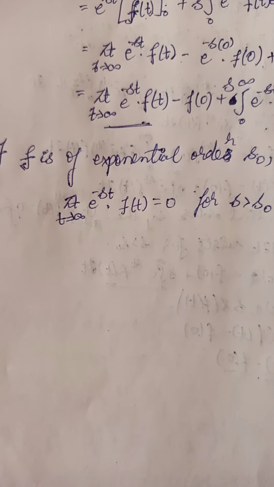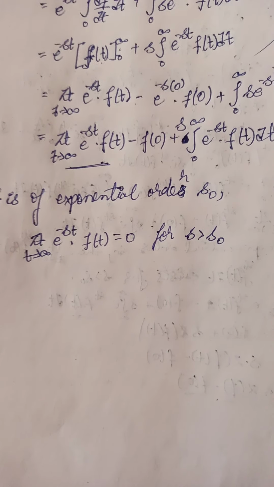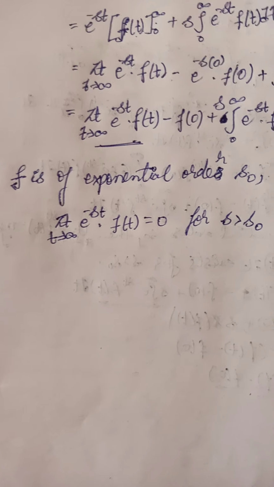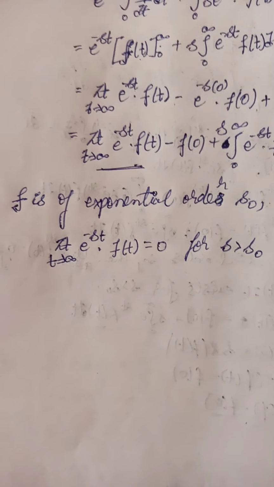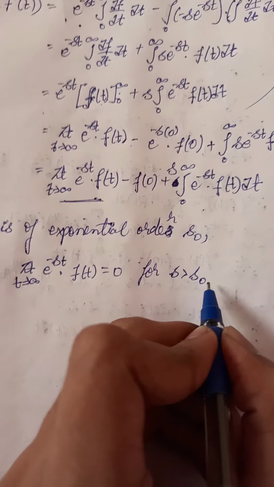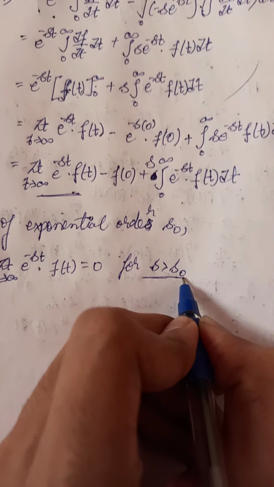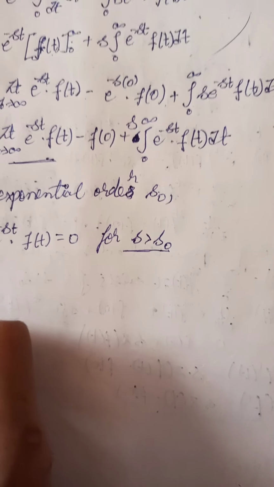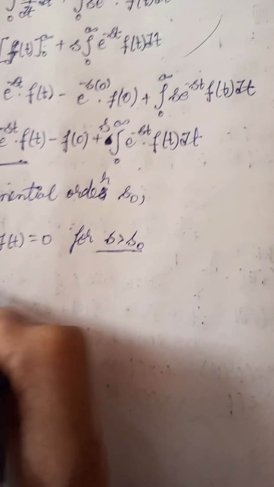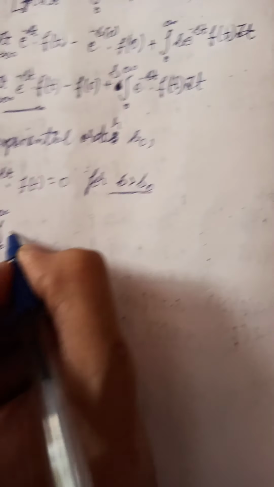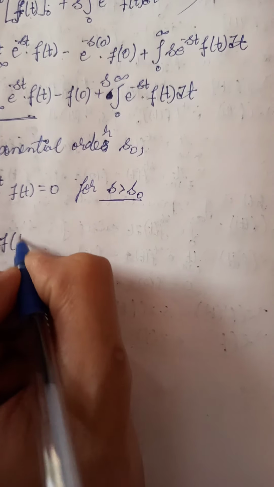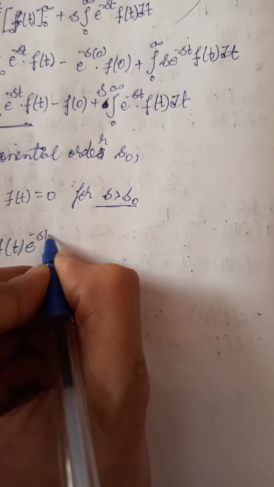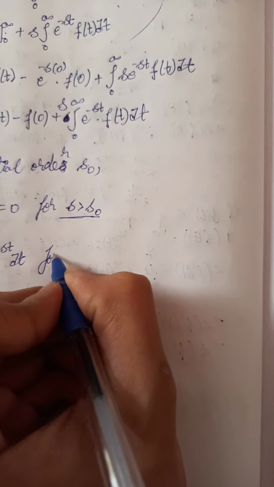For any value of s greater than the exponential order s naught, this limit equals 0. On this same condition, where s is greater than s naught, the Laplace of a function f of t equals integral 0 to infinity f of t into e power minus st dt for s greater than s naught.